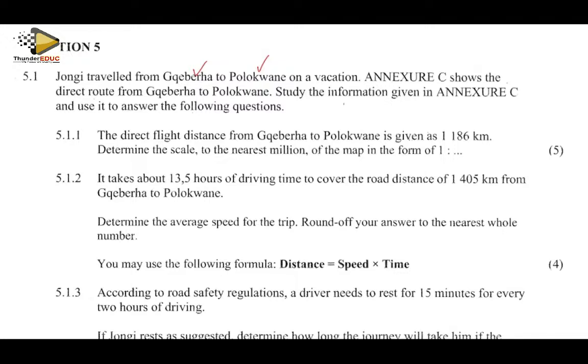Study the information given in the annexure C and use it to answer the following questions. The direct flight distance from Mabeke to Polokwane is given as 1,186 kilometers. Determine the scale to the nearest million of the map in the form of 1:2.